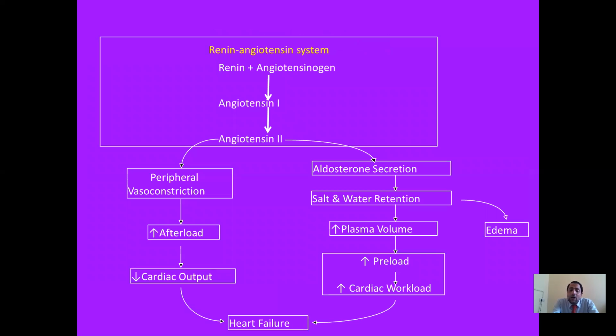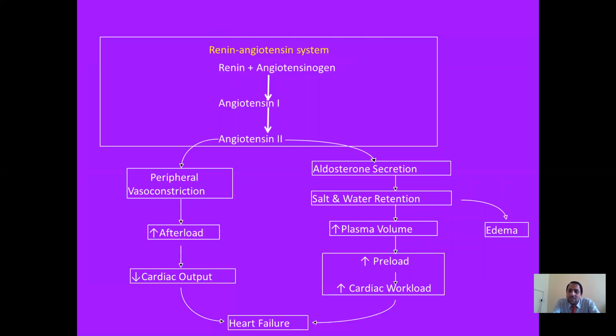Now, if we deeply talk about the renin-angiotensin system, renin and angiotensinogen produce angiotensin 1, and angiotensin-converting enzyme converts angiotensin 1 into angiotensin 2, which is a potent vasoconstrictor.